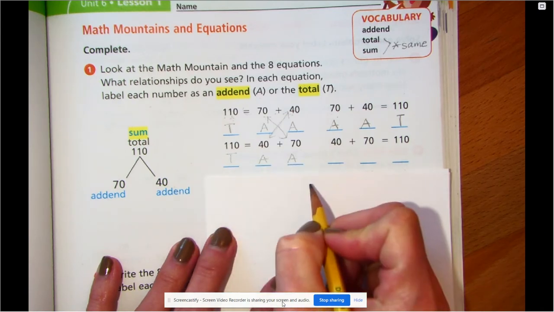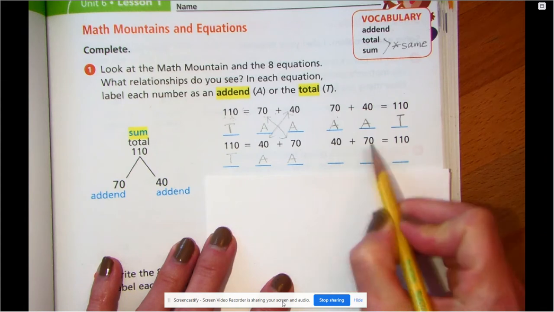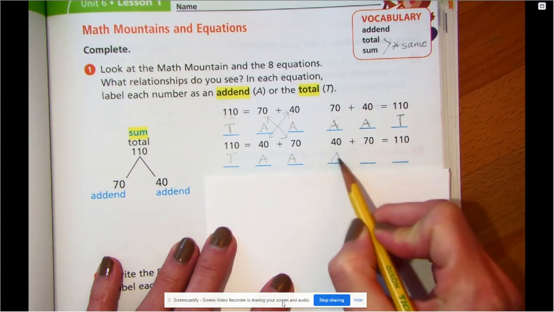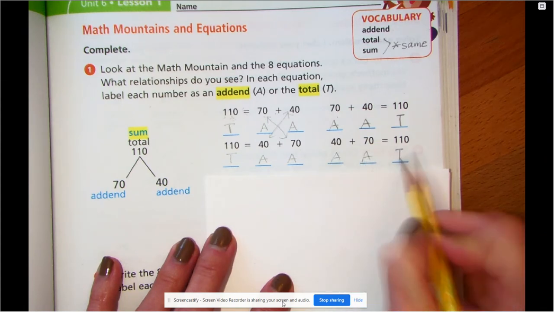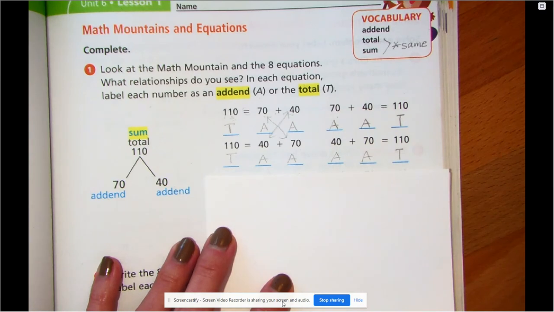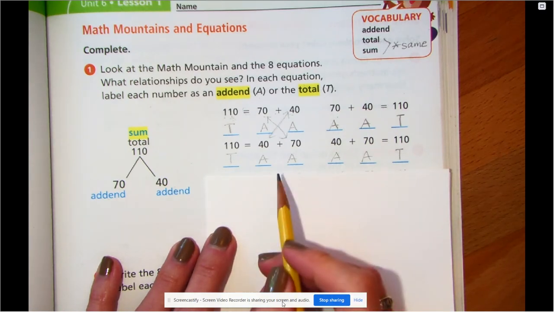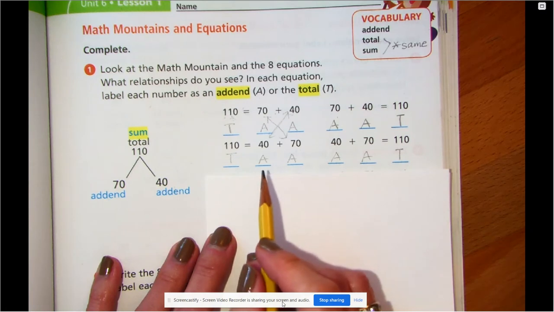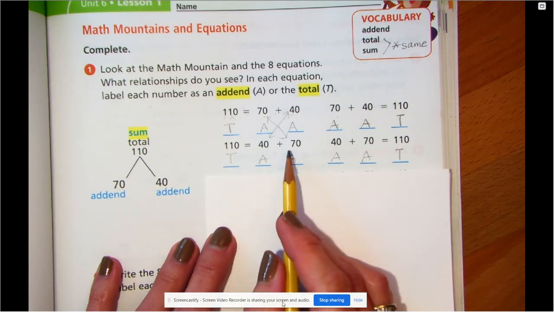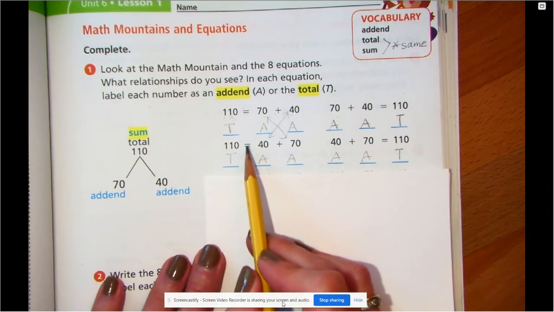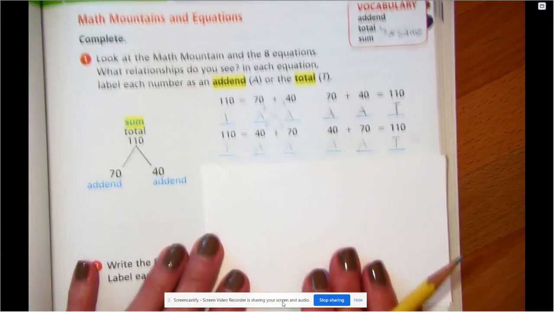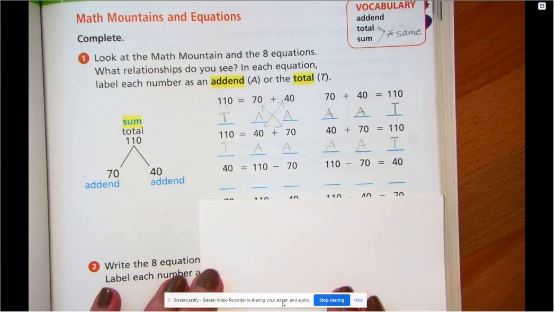They're just in a different order. So that's what they did over here. They just flipped them. We still have addends, and now our total's at the end. Okay, so we didn't change any numbers. We just changed where they were in our equation. Okay, remember, an equation has an equal sign. An expression does not. So let's look at this next one.